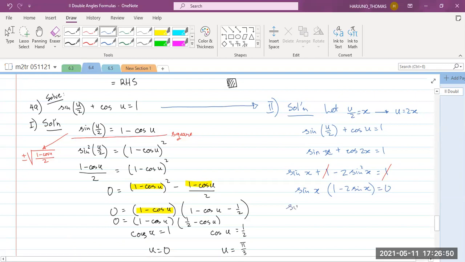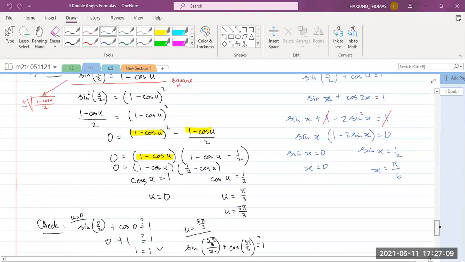Okay, so sine x equals 0, which means x equals 0. Sine x equals 1/2, so x is pi over 6 or 5 pi over 6. Is it right? But that's x.